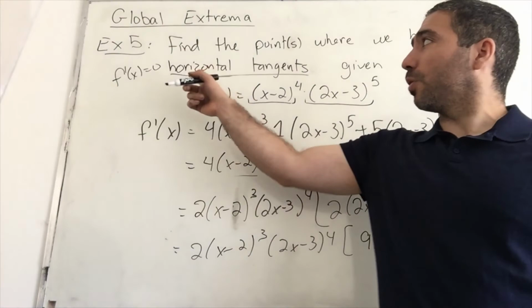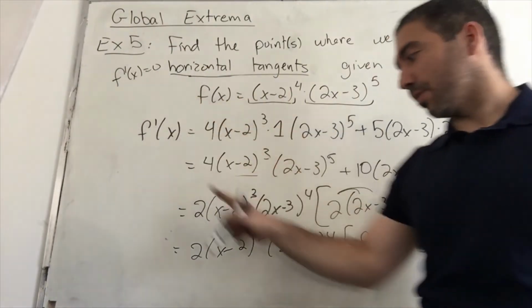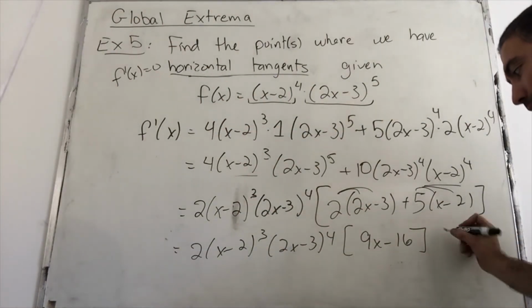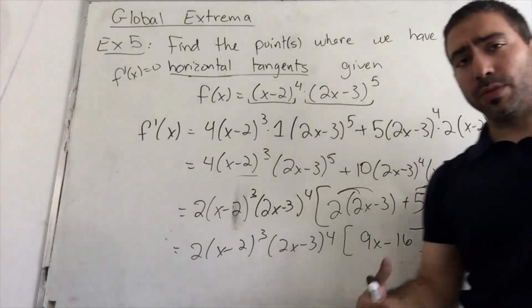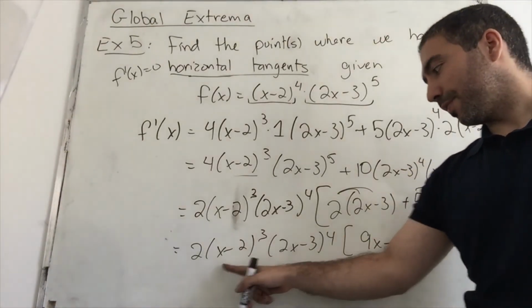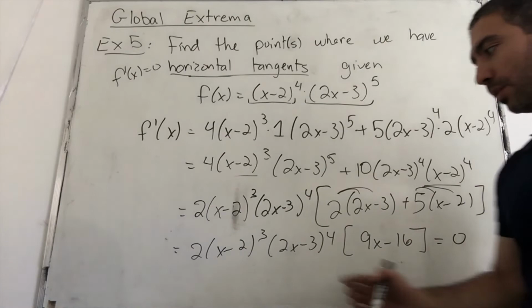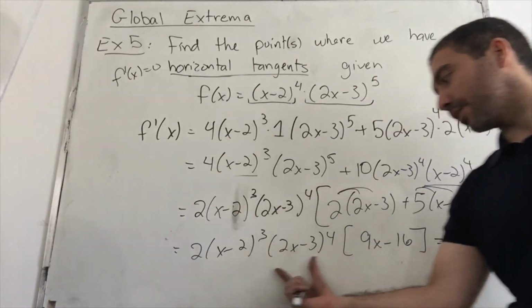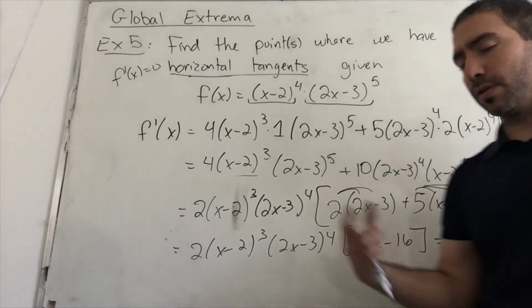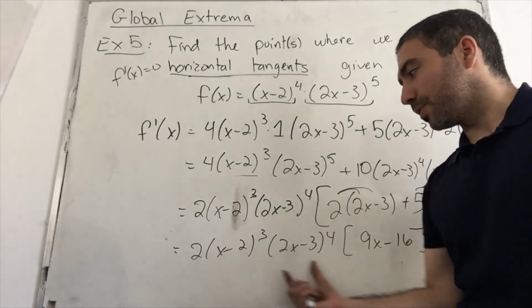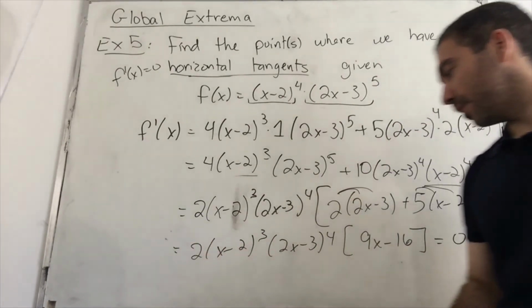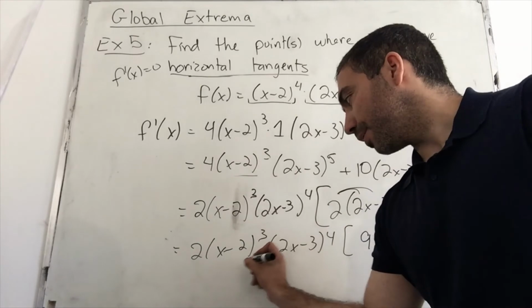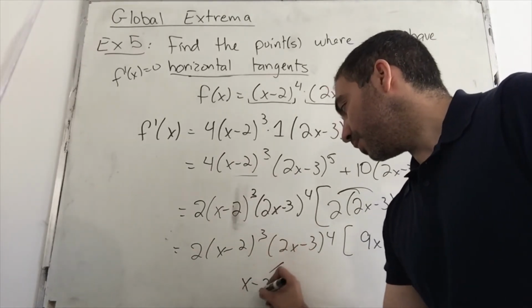And remember, the game plan for the horizontal tangent: take the derivative, set it equal to 0. We took the derivative, we got this, we simplified it, set it equal to 0. Next, all we do is zero product law. So if you're multiplying all these terms and it's equal to 0, well, that means either the first term, the second term, or the third term has to be equal to 0, or more than 2 terms. Only the 2 here can't be 0, that's obvious. So either the x minus 2 equals 0.